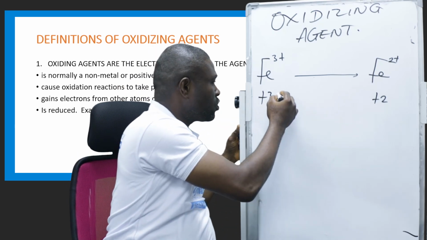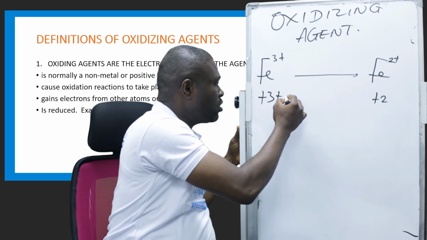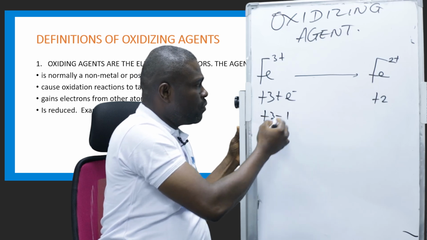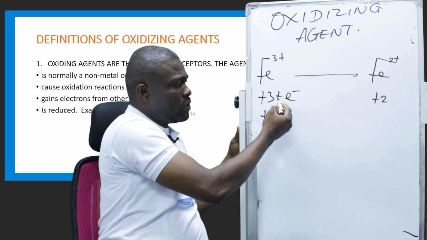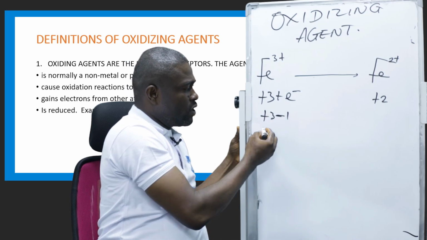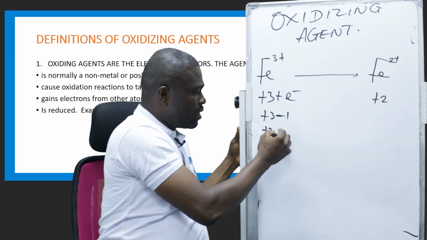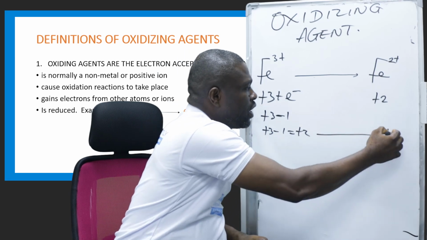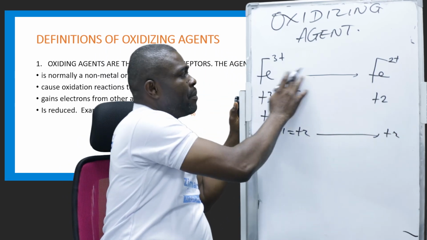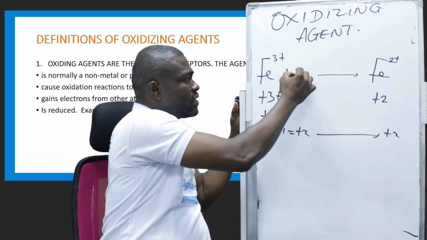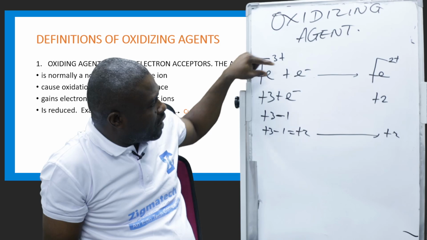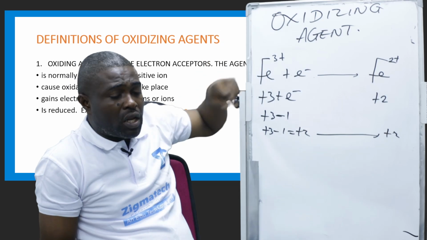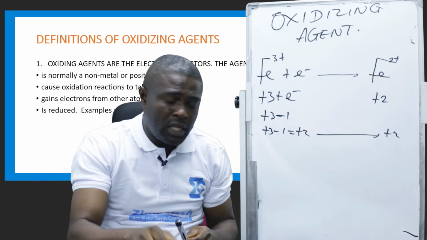It's only one electron, so I have plus 1 e minus. It means plus 3 minus 1, because this negative will definitely interfere with this plus. You have plus 3 minus 1, which is equal to plus 2, which now corresponds to what we have here. So I am introducing the electron at my left-hand side. That shows that iron 3 gains this electron in order to become iron 2. So that means iron 3 is a good oxidizing agent.